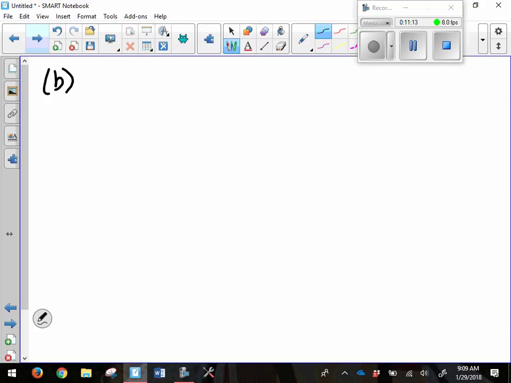Okay, so the exact value of the integral, that's not too bad, because this is a polynomial. We know how to take the antiderivative of a polynomial.